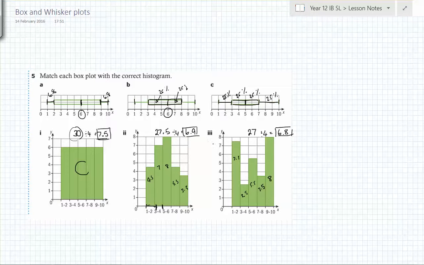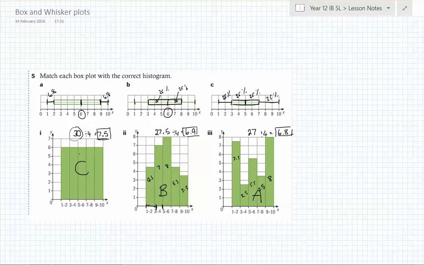Okay. So that would suggest that 2 might be, so do we think B and think A? Because of that. Are we still happy that C is this one? Yeah?